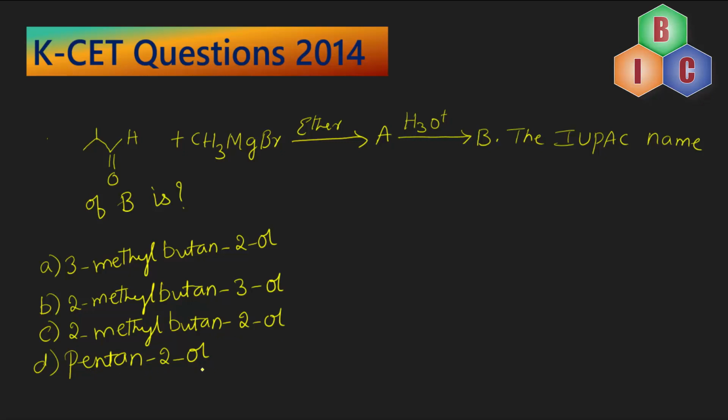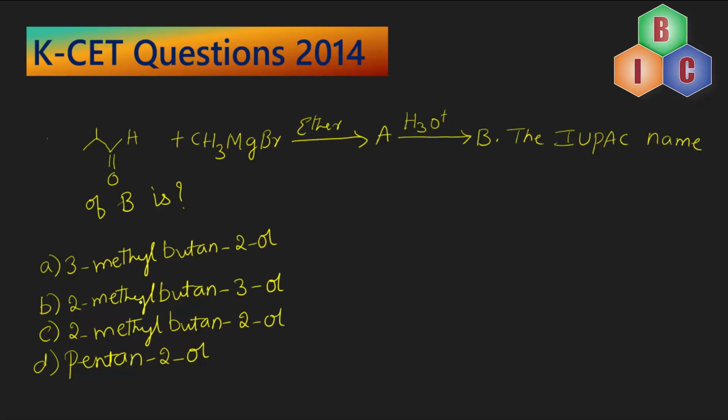So one thing is very much certain, children: when you are having three almost alike kind of options, majority of the time that will be the most correct answer. Methyl butanol will be the most correct answer. But then, is it 3-methyl butane 2-ol, or 2-methyl butane 3-ol, or 2-methyl butane 2-ol?